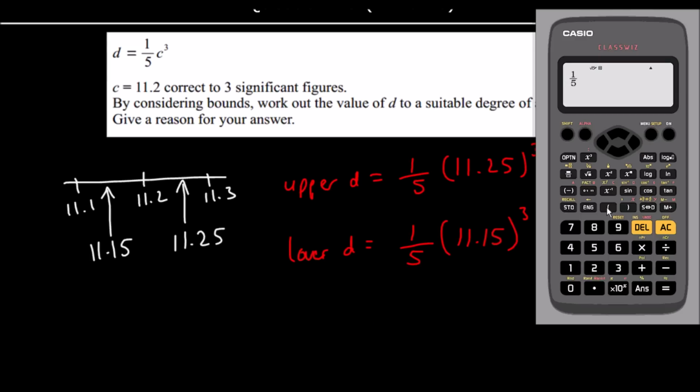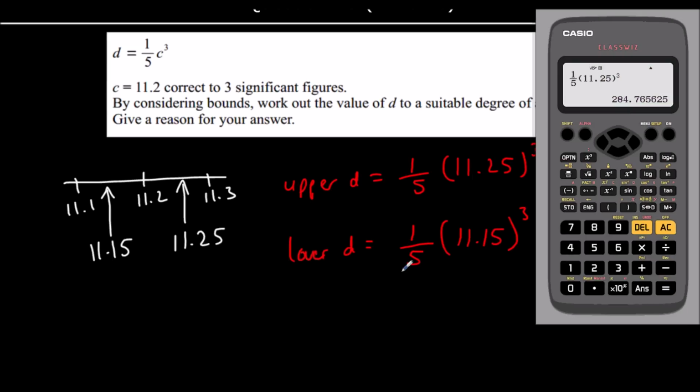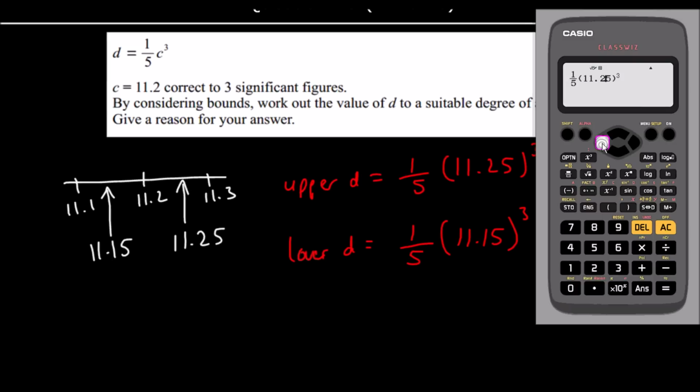So 1/5 times 11.25 cubed is 284.7656, and the lower bound is 277.2392.